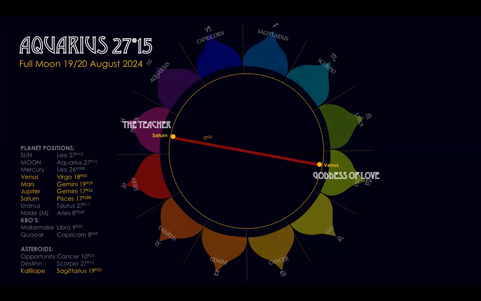And it goes, Saturn is in Pisces, Saturn the teacher, and is opposite Venus, the goddess of love, with just 32 minutes in the opposition. They are then square to Jupiter. I've called Jupiter the expander.